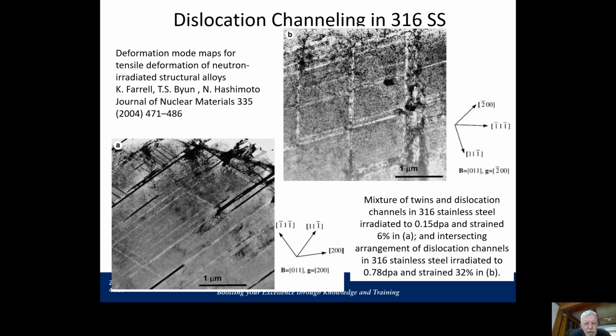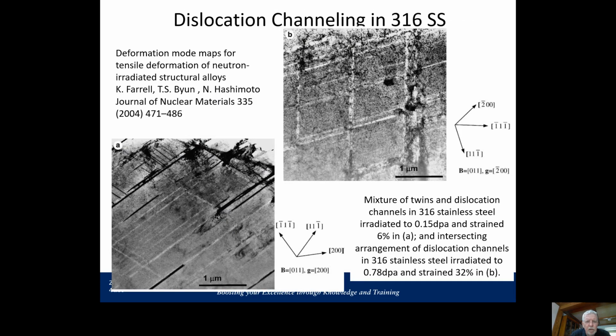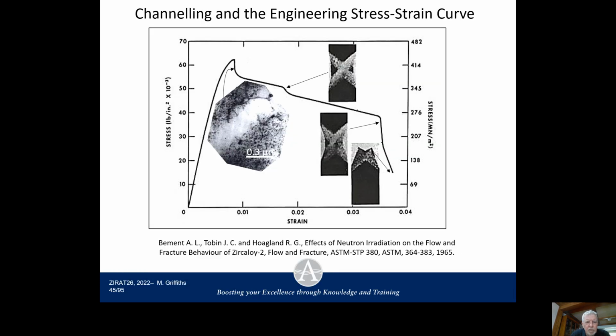It's very difficult for the dislocations to move through the lattice because you've got all these loops there. But at some point the dislocations will interact with the loops, and what they actually do is sweep out the loops and create channels through the matrix. As you can see, there are loops here and none there. They've been swept out, and that has softened the material, and that's the reason for the load drop.